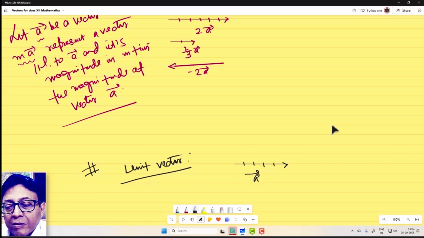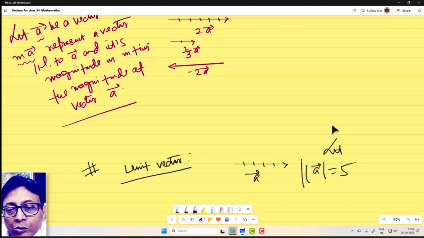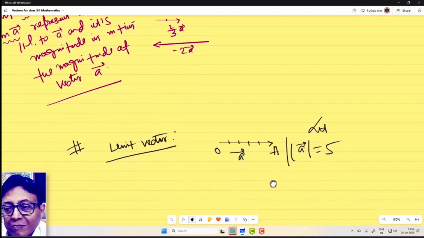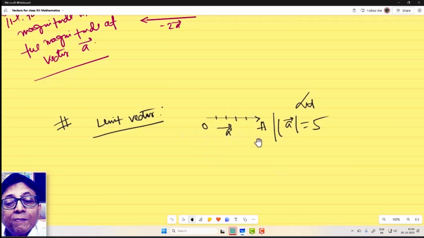AB vector, mod A or magnitude of A equal to 5. So I have represented that by taking 5 units. So this is representing the A vector. What about A by 5?